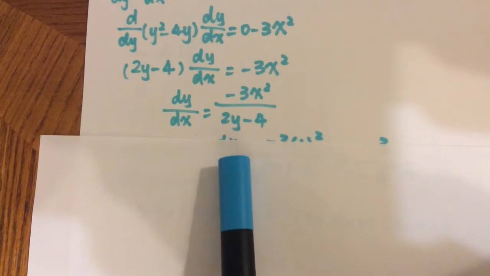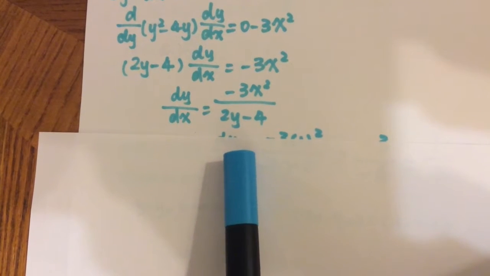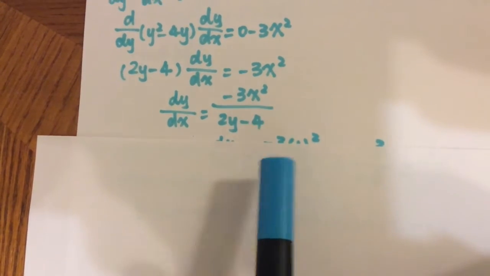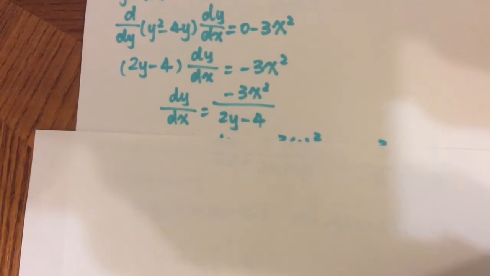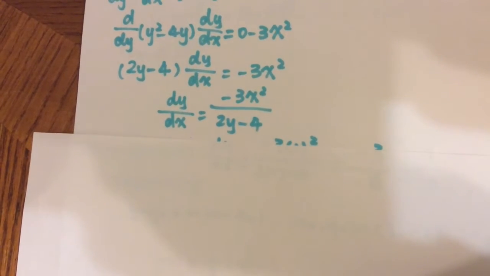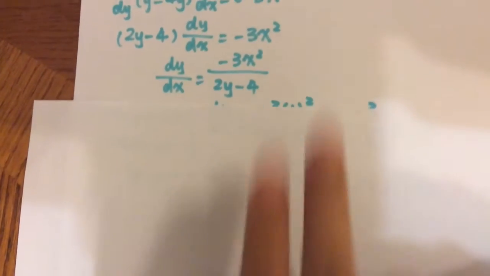And then this time we find the derivative of this equation, and the question asked about the tangent line to the curve at the point 1 and minus 1.